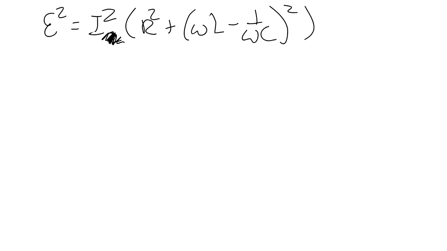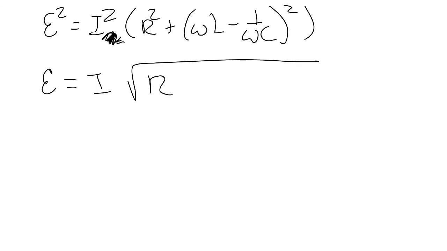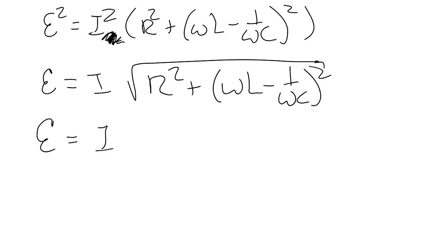And if I take the square root of both sides, I get epsilon is equal to I times the square root of R squared plus (omega L minus 1 over omega C) squared. This is now in the form that I want. Epsilon is equal to IZ.